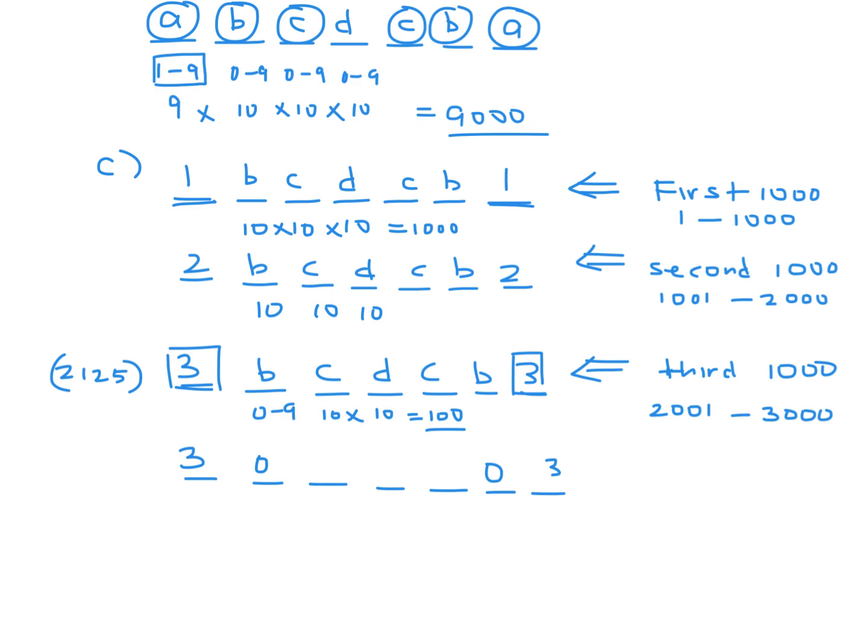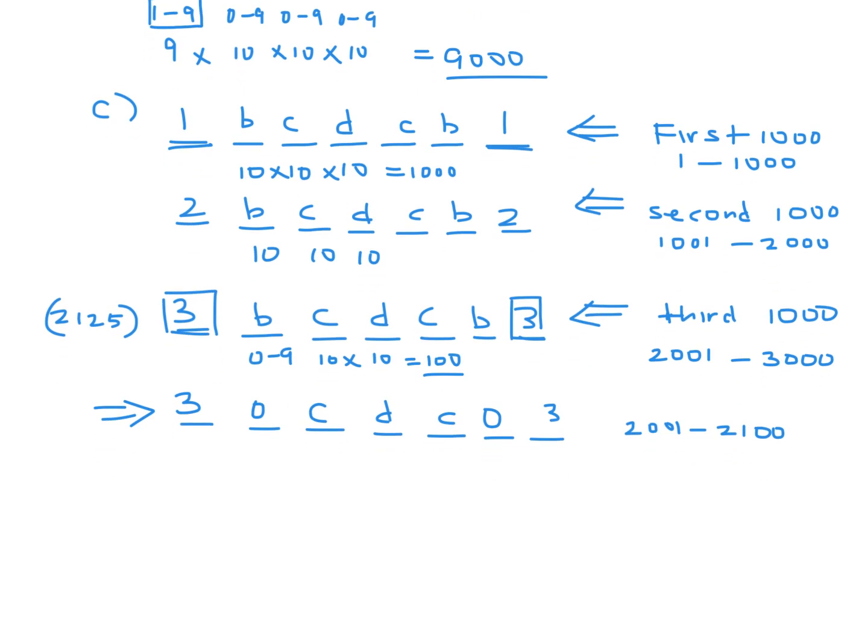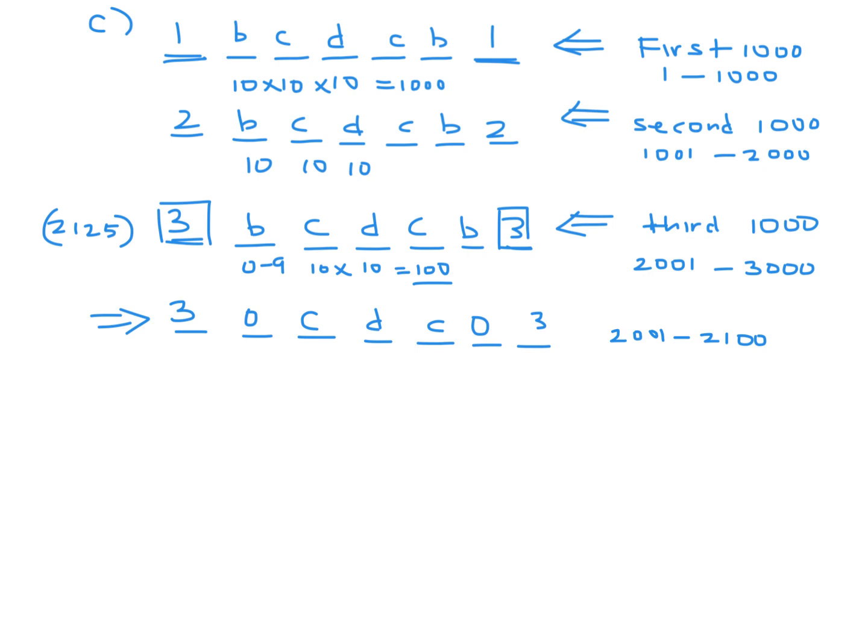Hold on. No, I think I'm fine. I kind of second guessed myself. This is going to be from 2001 to 2100, palindromes of that form, where C and D are some number. Yeah, I think I'm going in the right direction. Okay, but I've got to get 2125, so I've got to keep going.